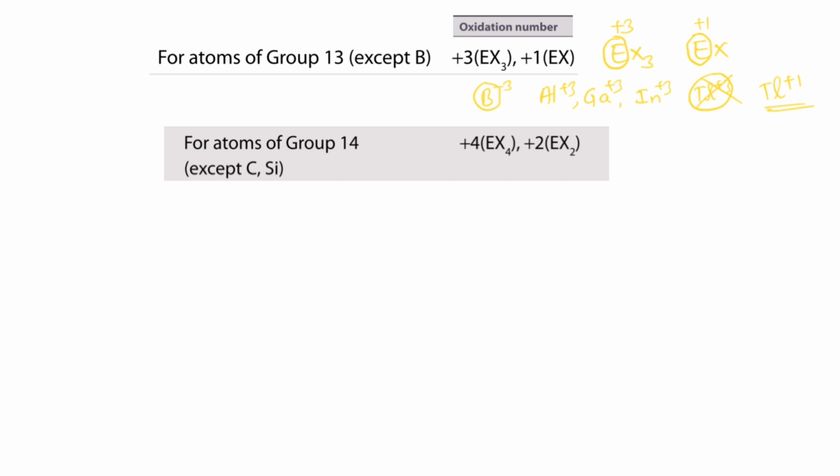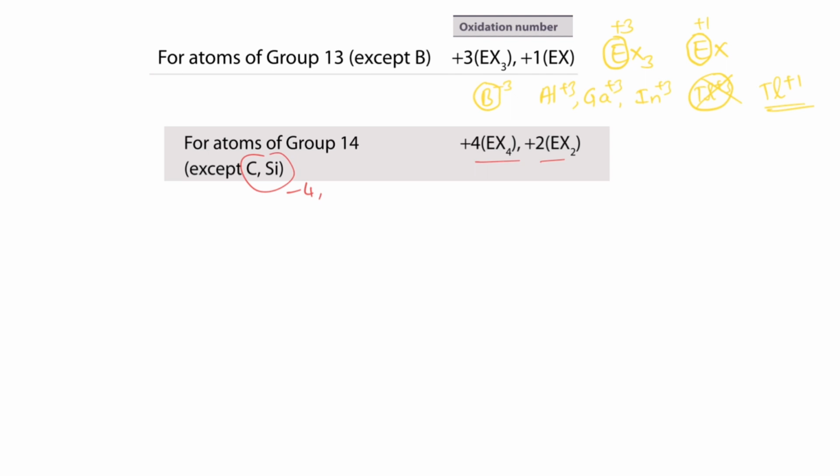For atoms of group 14 except carbon and silicon, they show +4 oxidation state and +2 oxidation state. Carbon and silicon may show -4 oxidation state because these are non-metals and smaller elements.